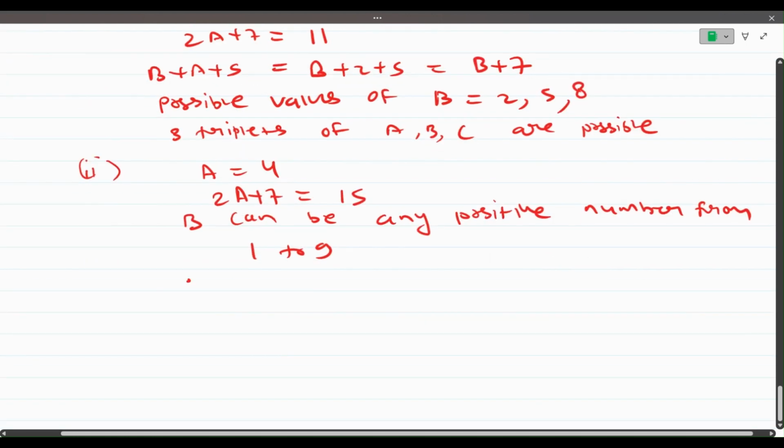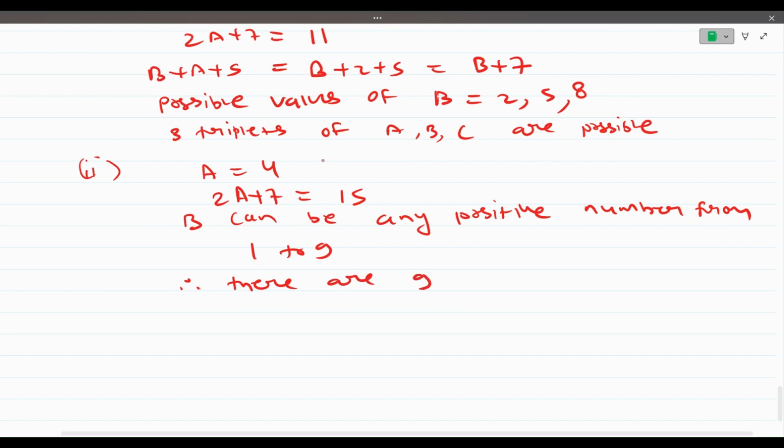So therefore we can say there are 9 triplets possible of A, B, and C in the second case.